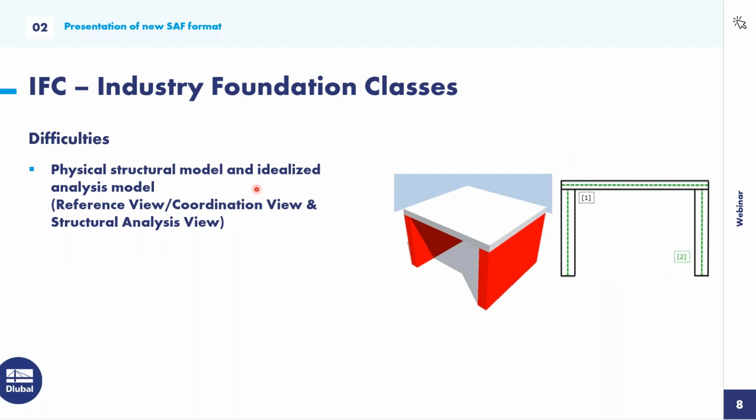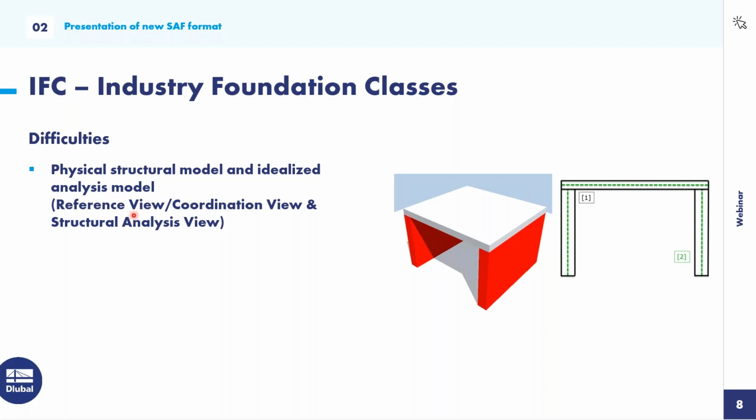First of all, you have to know that when working with IFC, mainly in the structural engineering part, you work with two different languages, I would call it. On the one side, we have the physical structural model, and we as structural engineers, in our structural analysis programs, work with an idealized analysis model. So the IFC also has two views.